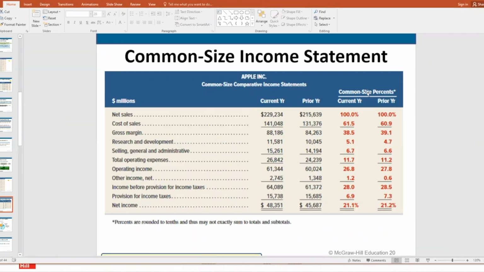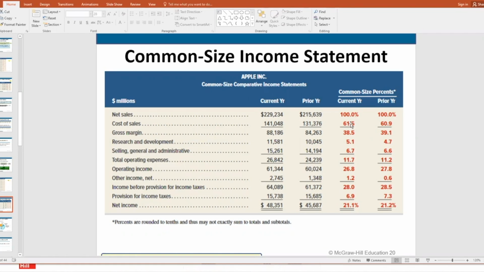And what this common size statement is saying is that our cost of sales, the things that we sold, what did they cost us? It was $141,048. And that is 61.5% of the sales revenue. So our cost is 61.5% of the revenue.